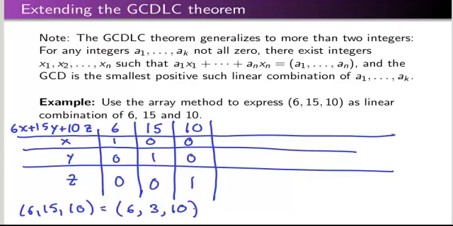So I'm going to take 2 times the first column from the second column. So 0 minus 2, 15 will be 1 minus 0, and this is still 0 here.